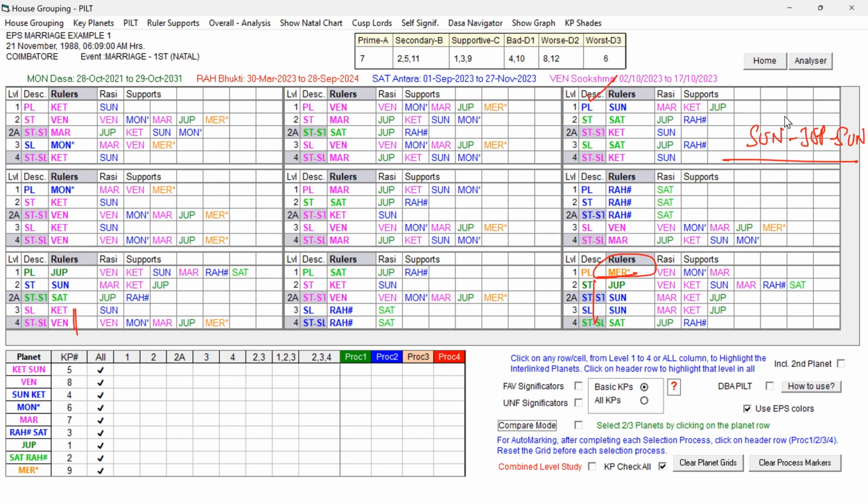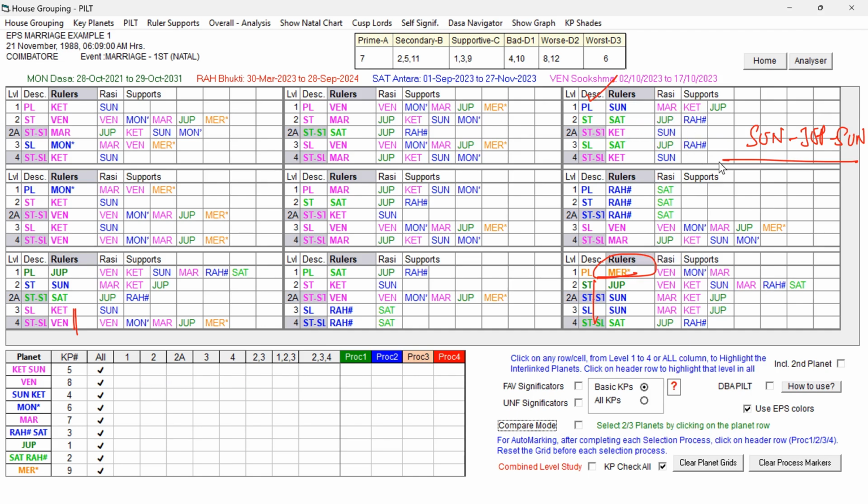Importantly, Sun should be there because Sun, the Dasa Lord itself, is a key planet that is playing role only for Jupiter. So that is the reason Jupiter Buddhi only is capable to conduct the marriage. Other planets are not having that, Jupiter, Sun, and Saturn. Mercury only having, but it is having some weakness. And for the Antra, Sun itself.